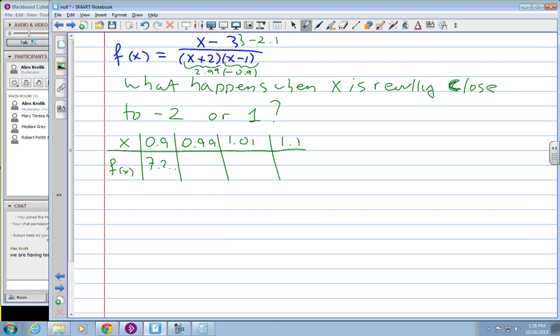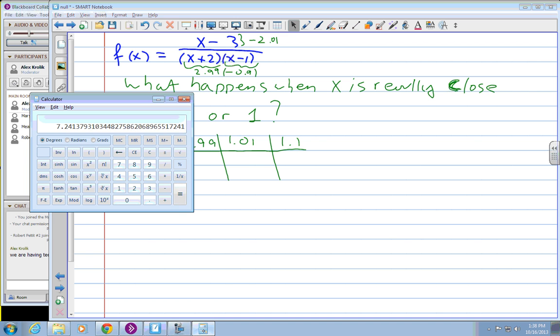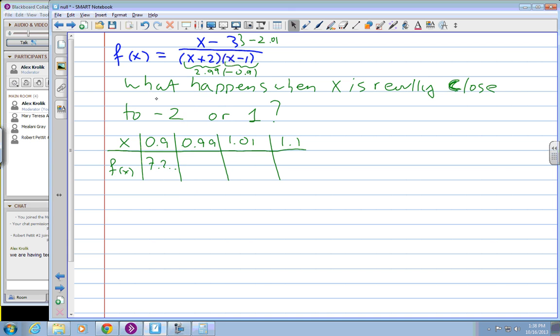And the other thing, if x is 0.99, I'll get negative 2.01. So negative 2.01 divided by the product of 2.99 times negative 0.01. So I got 67. The number just jumped really drastically. So 67-ish.